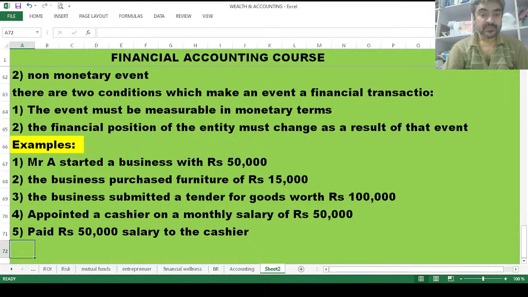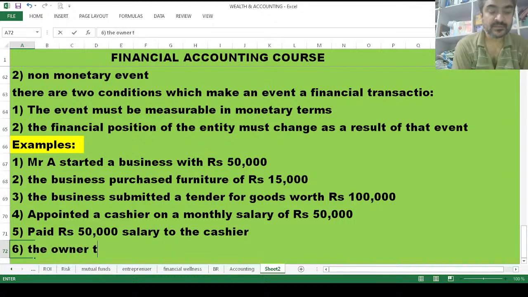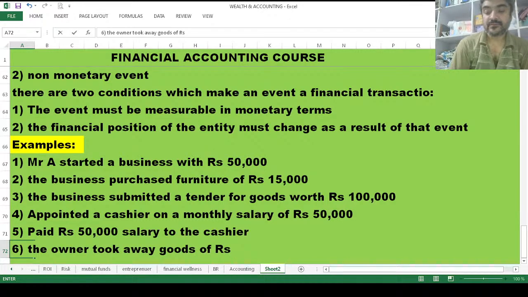Now come to the sixth example, which is the owner took away goods of rupees 5,000 for his personal use.